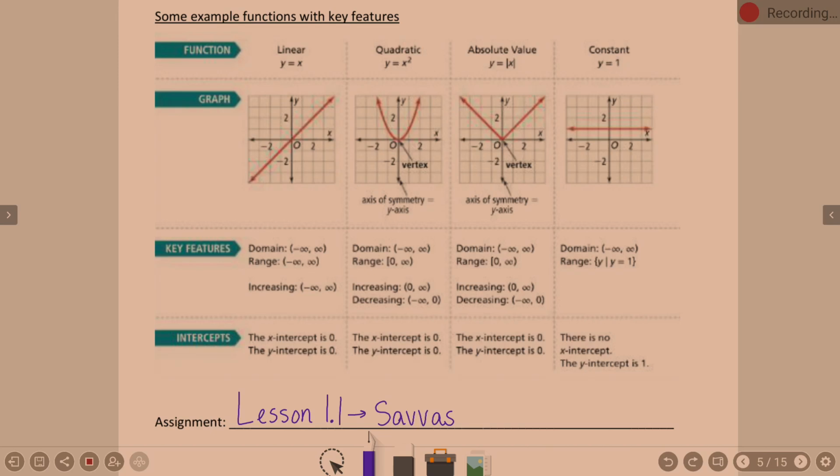Gives you examples of domain and ranges, increasing, decreasing, intercepts. Did I mention yesterday constant? No. Okay, so when we talk about increasing, decreasing, and constant, increasing is something going up, decreasing is something going down.